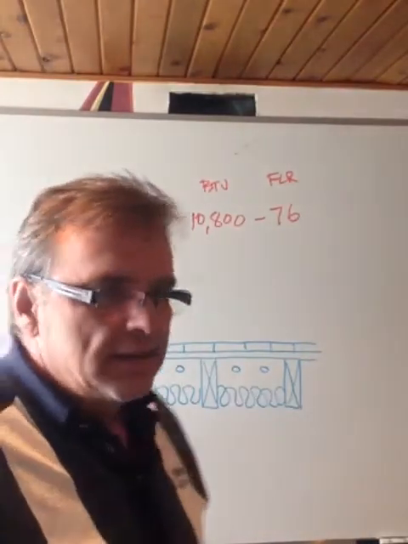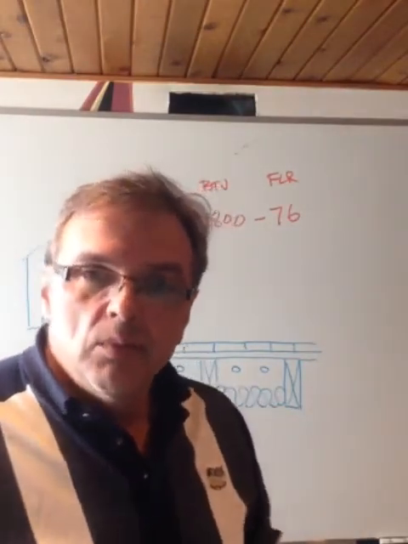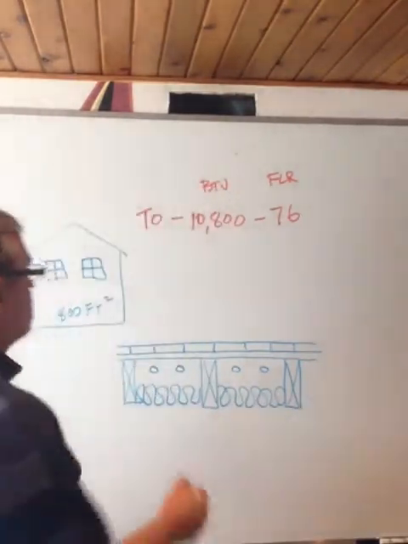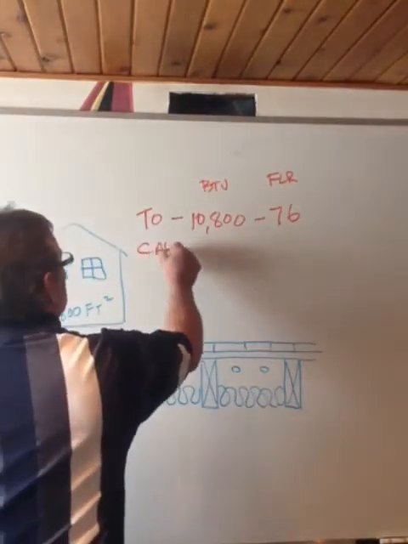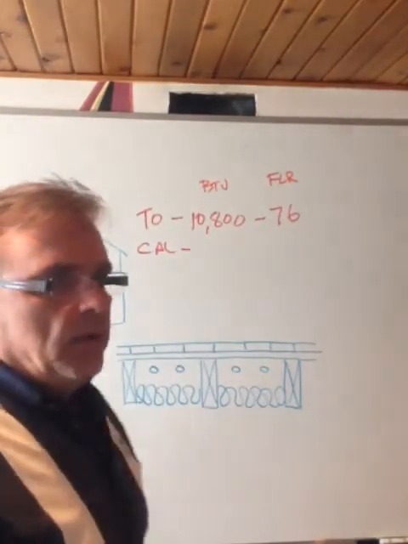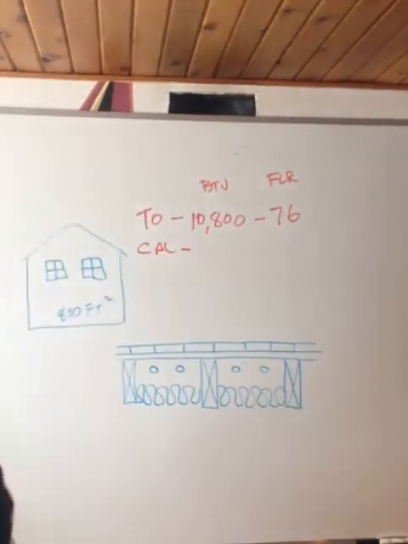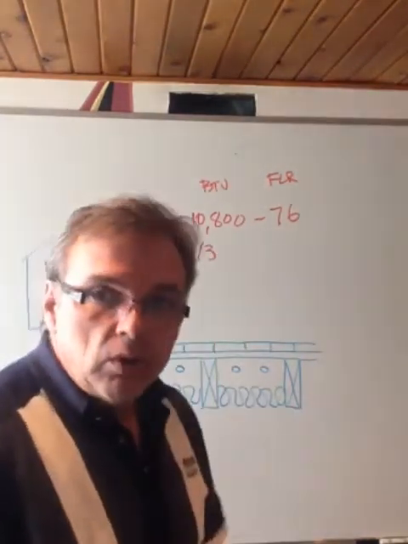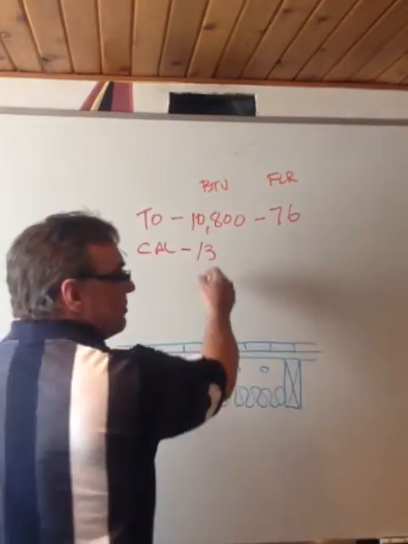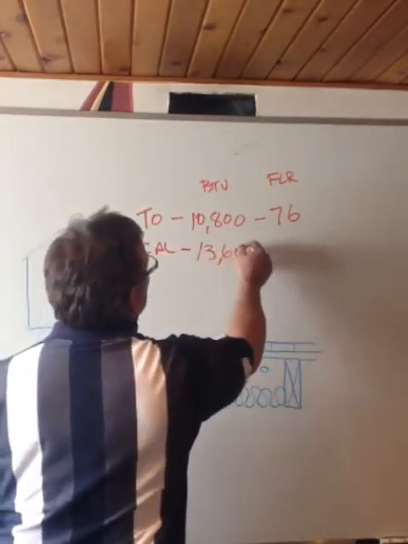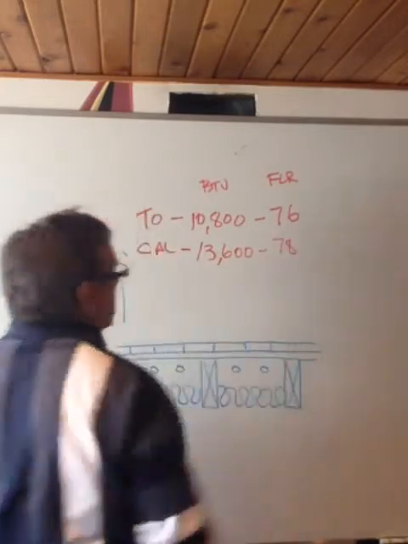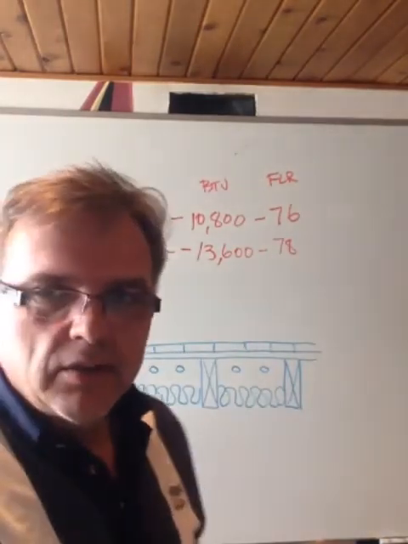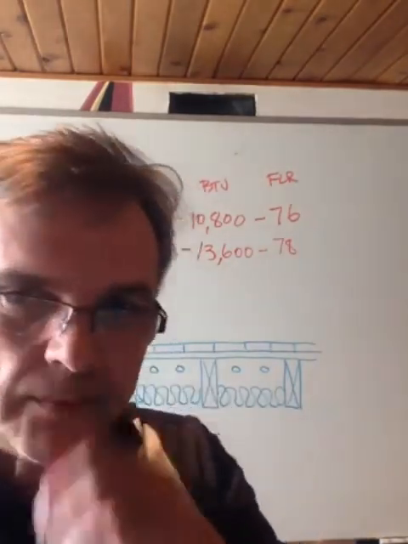Now, if I take the identical same construction, move it to, let's say, Calgary, a little bit colder in Calgary, of course, the load becomes 13,600. Do math again, that's 78 degrees Fahrenheit floor surface temperature.